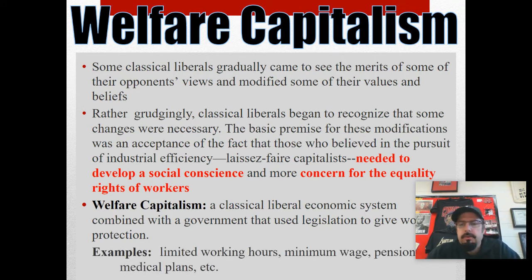Limited working hours, minimum wage, perhaps a pension, maybe a medical plan, etc. So this welfare capitalism was prevalent in the United States in the early part of the 1900s. It eventually evolved a little bit further into the welfare state, like you see in our own country, Canada, Western Europe, the United States to a certain extent today.